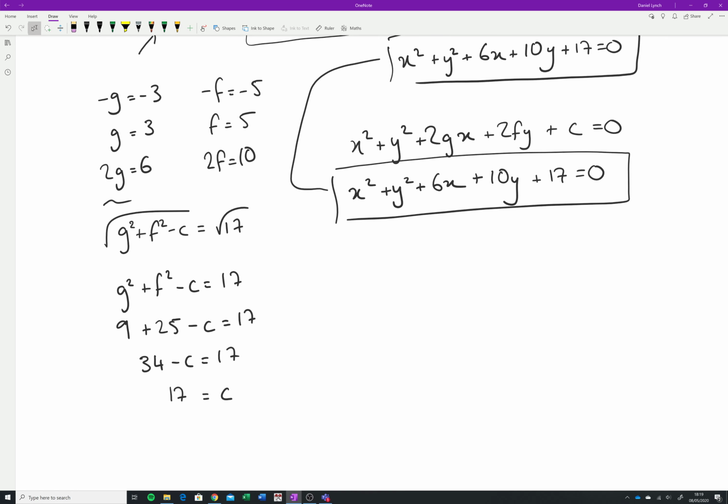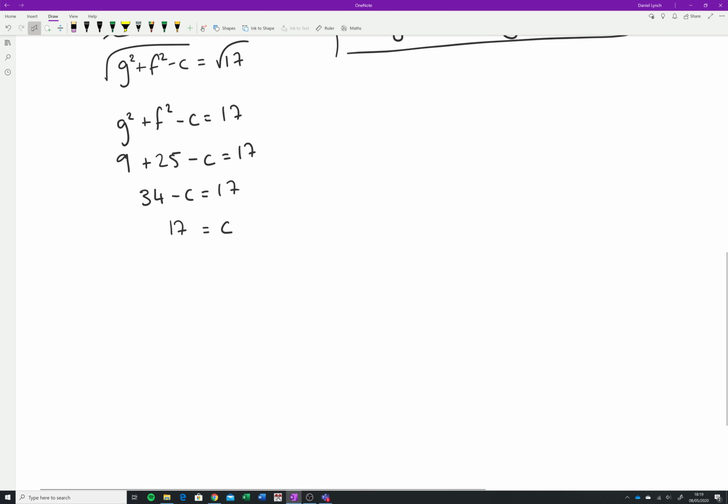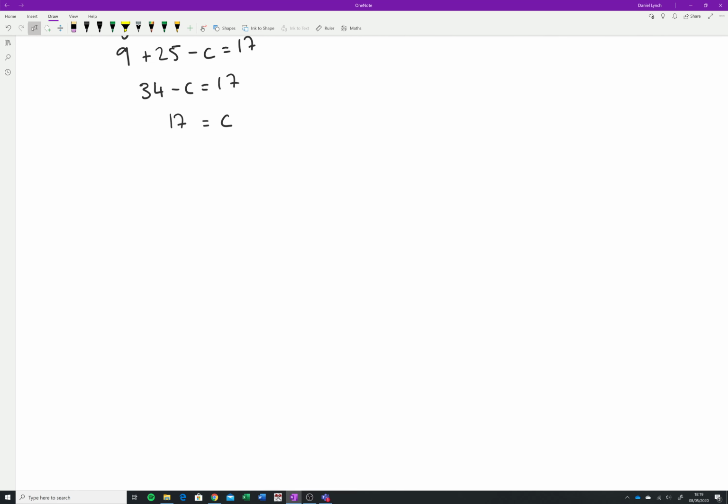So let's try one. This one looks tricky. I will actually just go with a tricky one for you to try first of all. We'll say that the center is, and I'm just taking this from the book, a half, minus a half. There's your center, and the radius is root 5.